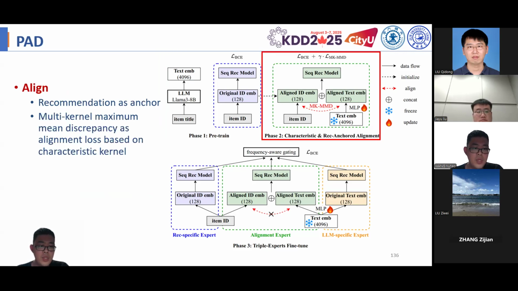After obtaining the textual and collaborative embeddings, we will align these two embeddings for each training sample. In particular, we built an alignment expert, as you can see on the upper right. It takes both textual and collaborative embeddings as input, and we propose to adopt multi-kernel maximum mean discrepancy, namely MK-MMD, as the alignment loss with characteristic kernels explicitly.